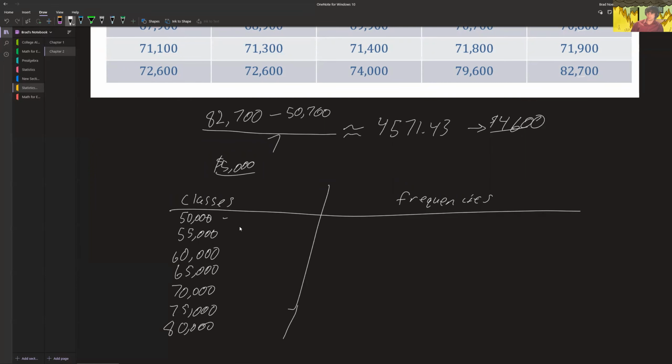Now I'm going to be going until I am just under this. Which one am I going to pick? Well, to my level of precision, I'm going to say 54,999. Now, it might be more precise, but in general, we want to avoid being more precise than what's listed here, which is to our ones place.